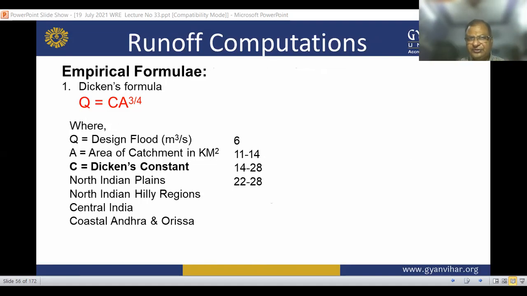Now runoff computation. This is the empirical formula.